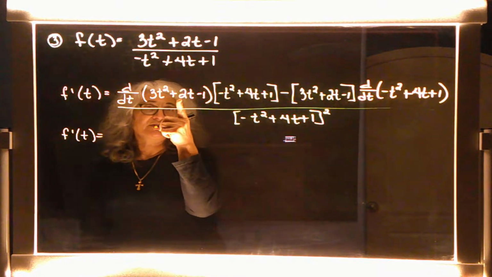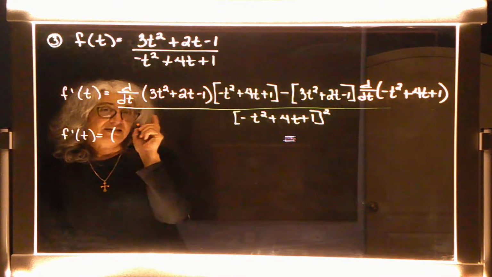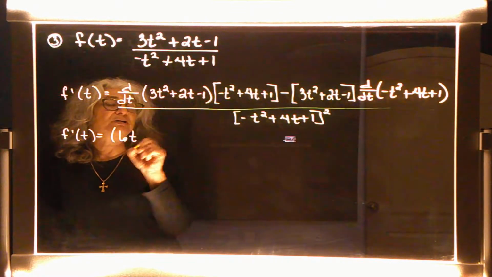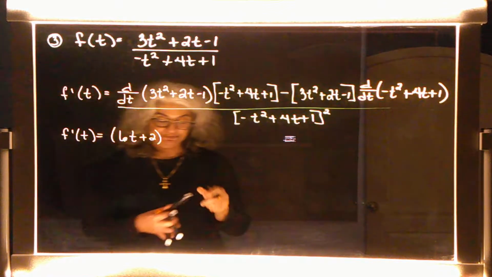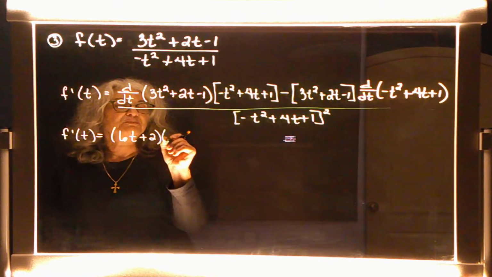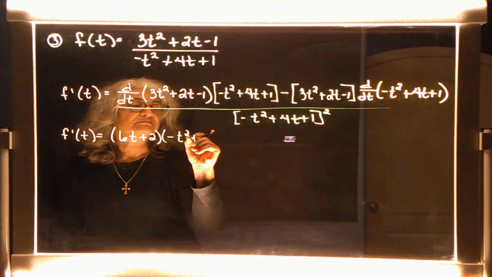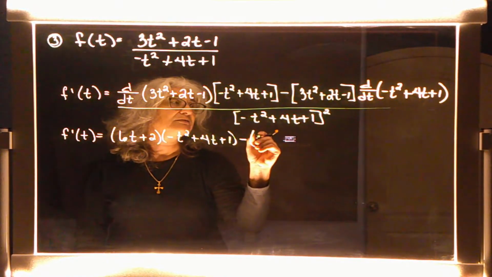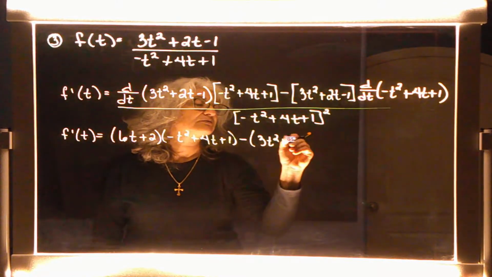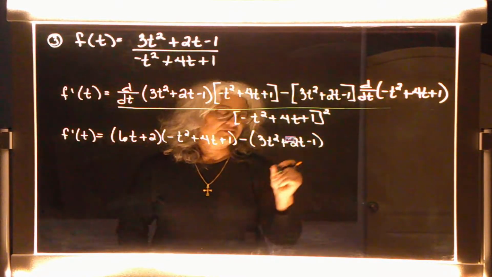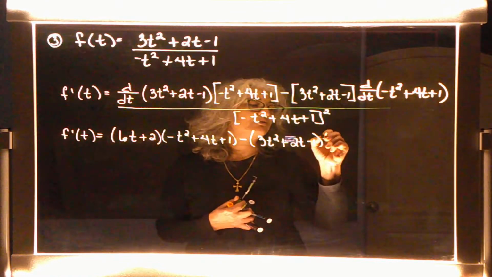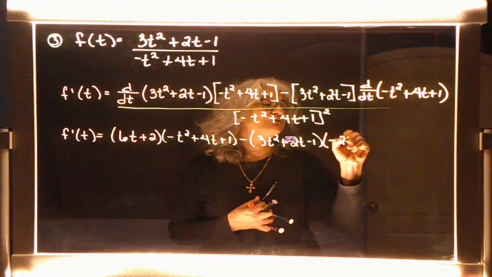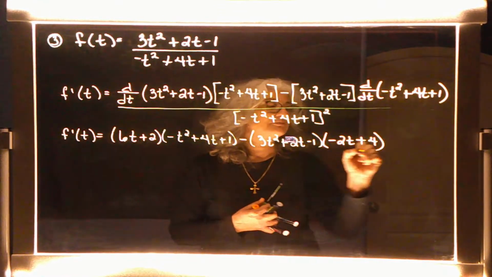So, the derivative of this function, the derivative of this with respect to t. See if you follow along. That would be 6t to the power of 1 plus 2. Multiplying it by the denominator, subtracting the numerator, multiplied by the derivative of the denominator, which is, see if you follow along, negative 2t plus 4.